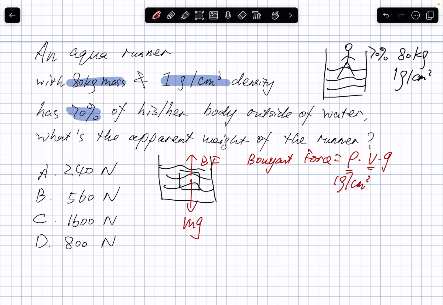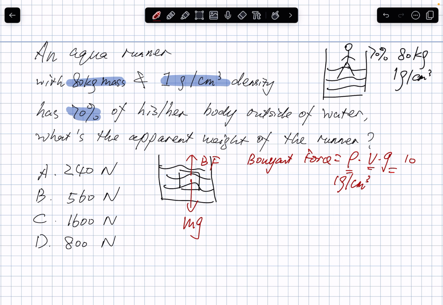If 100% of this object's volume is submerged in water, then you know that the volume of the water that's been displaced equals the volume of this object, 100% of the volume of this object. Okay, so that's the volume. And then g is just 10, right? Okay, so that's buoyant force.